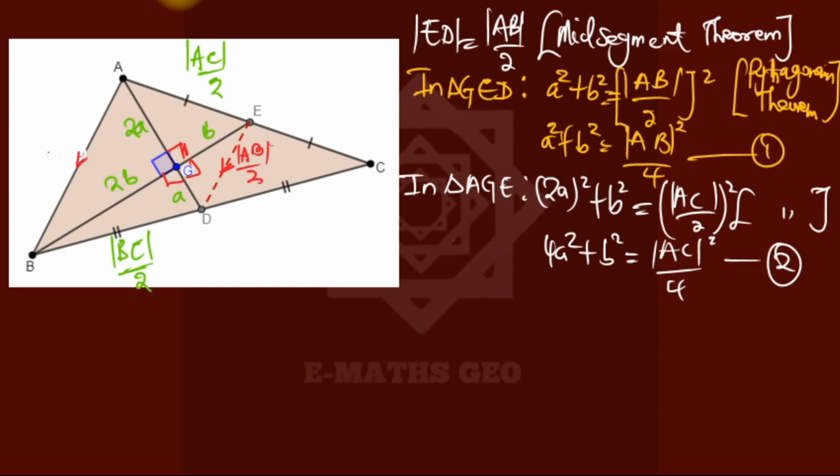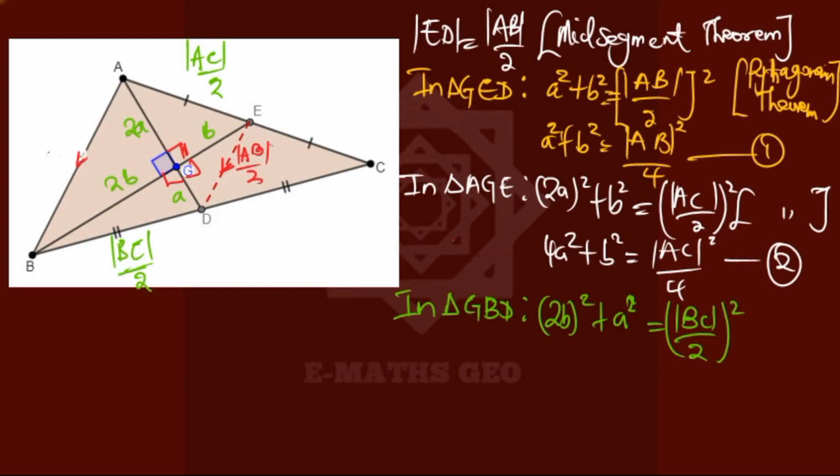The last triangle is triangle GBD. Applying the same Pythagorean theorem, we have 2b all squared plus a squared is equal to BC over 2 all squared. So we have 4b squared plus a squared is equal to BC squared over 4.